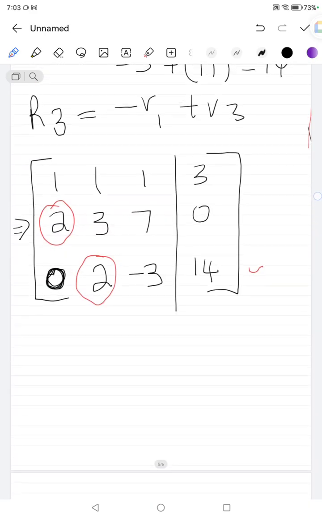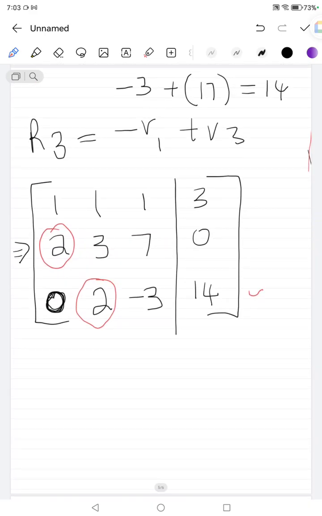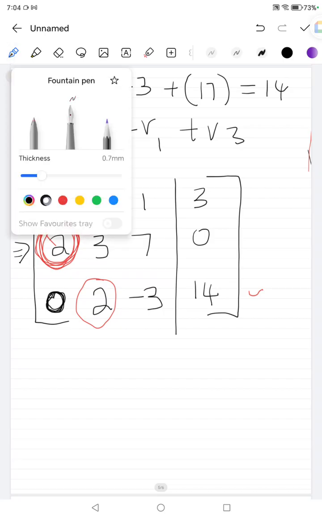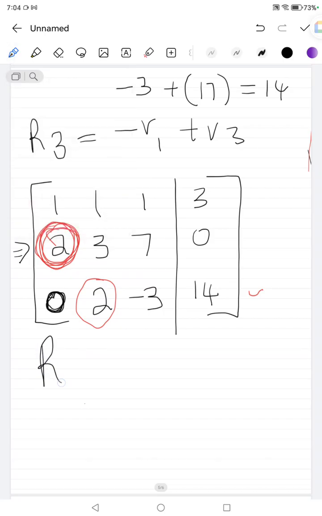So if we have an example that looks like this, now we are trying to manipulate your row 2 because you're trying to change this 2 here and ensure that it's going to be 0. So you now know that whatever you're doing, you have to do it on your row 2.